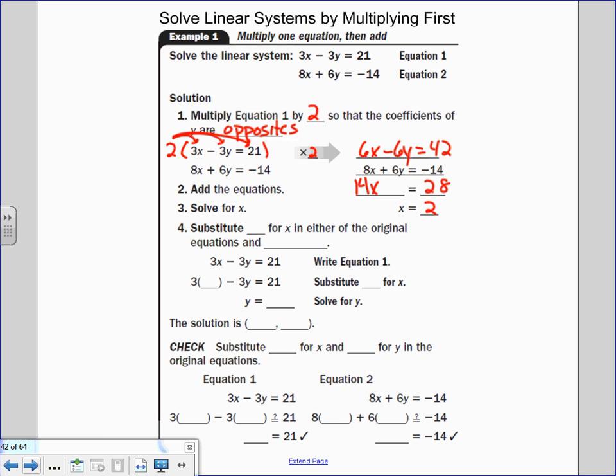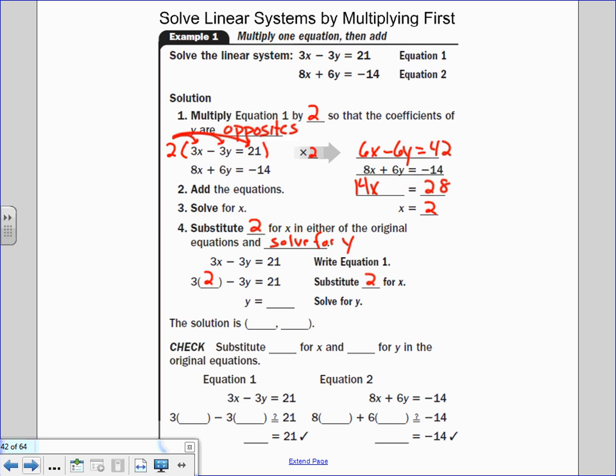So now we need to take that x equals 2, just like we've done before, and substitute that in for x in one of our original equations and solve for y. Again, it doesn't matter which equation you choose. In this problem, they chose to use the 3x minus 3y equals 21. So we put the 2 in for the x.